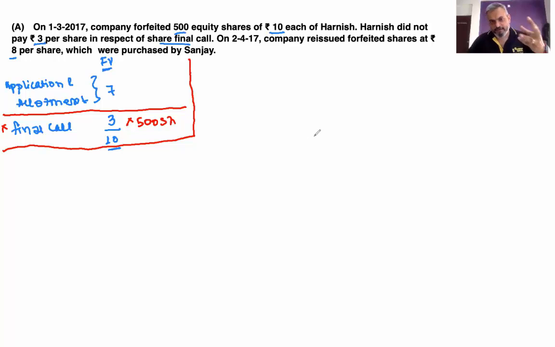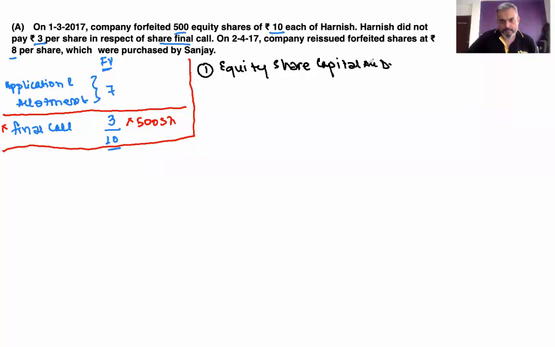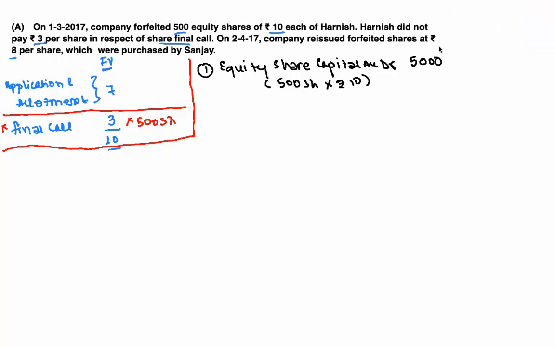So now let's first write the entry for forfeiture. When we forfeit the shares, we have to first cancel the shares. So equity share capital account debit, 500 shares into rupees 10 per share, because we have called up 7, we have called up 3. 5,000. Now there is no premium over here, so you do not worry.